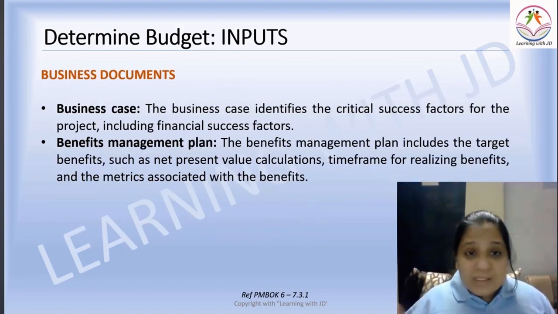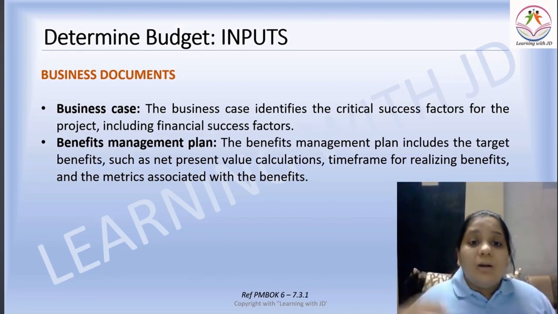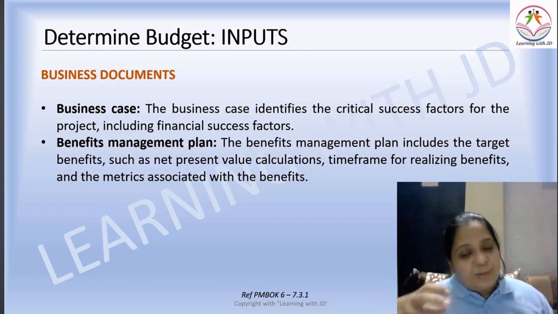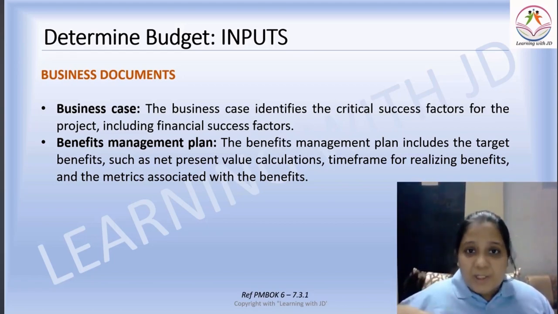The business documents: you remember the business documents include the business case and the benefits management plan. Why are business documents required here? Because they talk all about the money factor. The success factor of your project is a part of the business case and the benefits management plan.